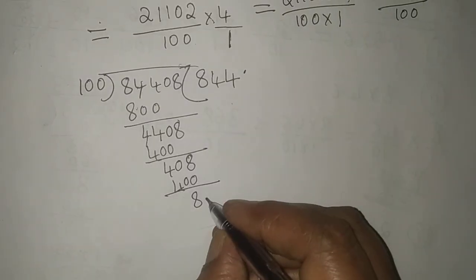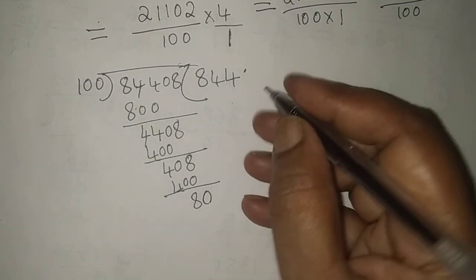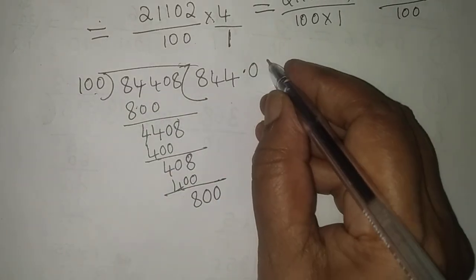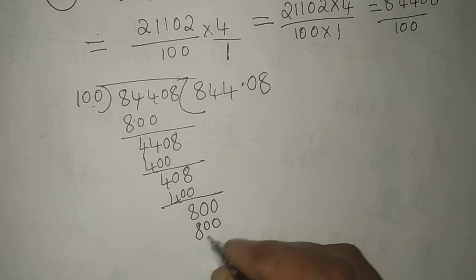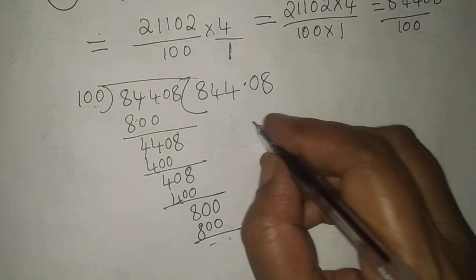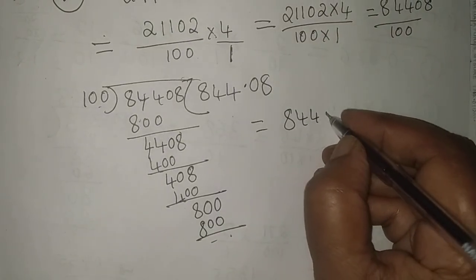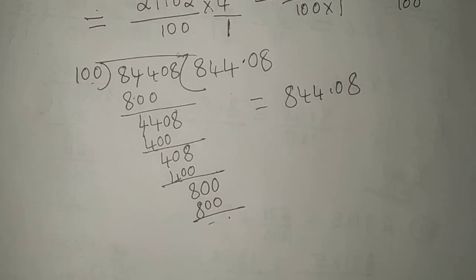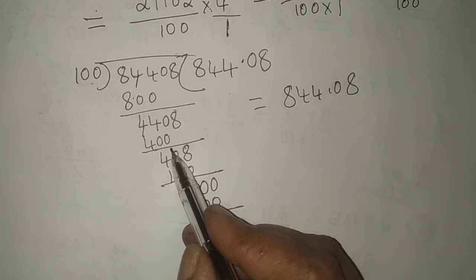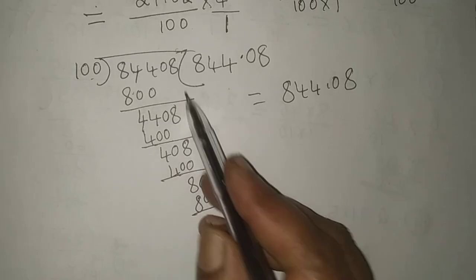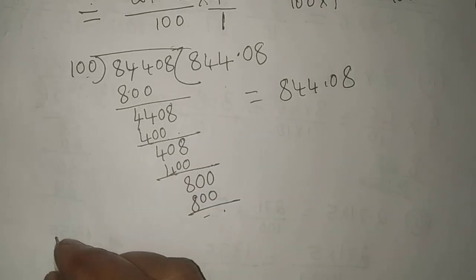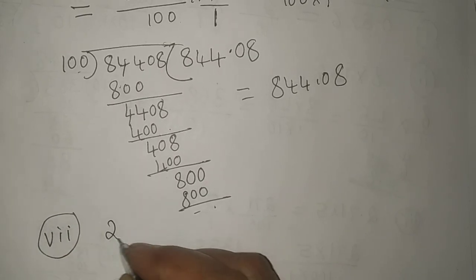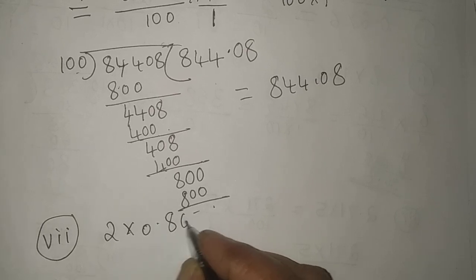Again put a point, put a 0 here, again put a 0 here, then 8 100s are 800. This is how to divide. So we'll get 844.08. So divide this, follow the step by step procedure that I have solved here. So no confusion.